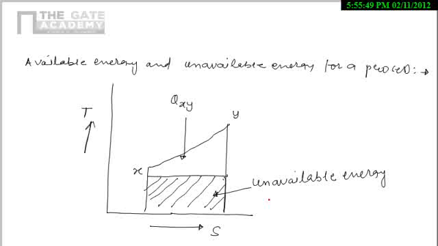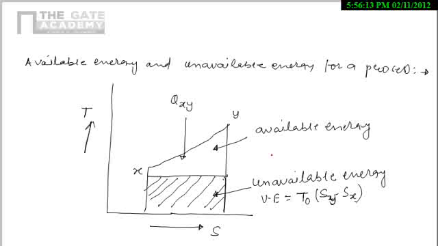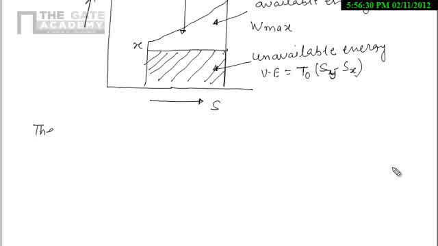That is nothing but the product of the ambient temperature and the change in entropy from X to Y. And this part is called available energy. It is nothing but the maximum work. So now I will define the unavailable energy for this process.